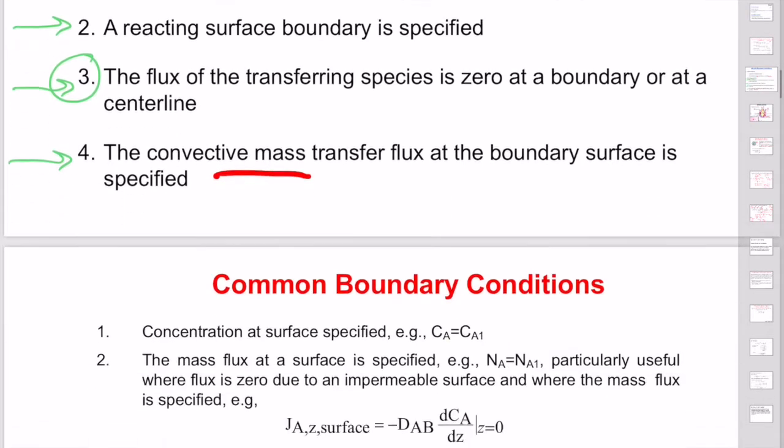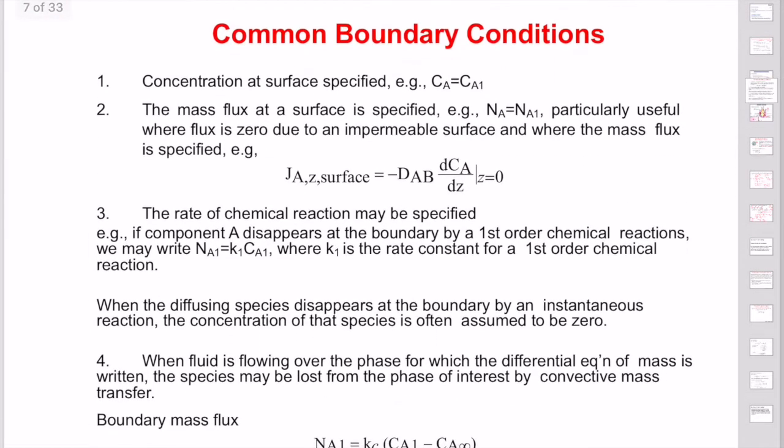And here are some common boundary conditions similar to what we just talked about. A known concentration at a particular place. The mass flux is specified. Maybe it's specified at a surface, or maybe it's 0 because you've got some symmetry, like you're at the center of a sphere, or the center line of a cylinder.